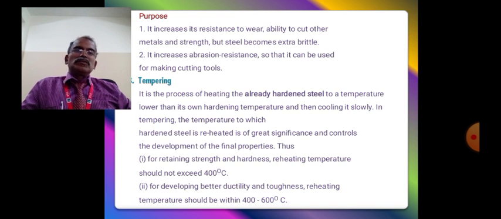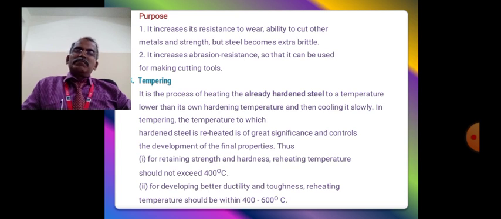In tempering, the temperature to which hardened steel is reheated is of great significance and controls the development of the final product. For retaining the strength and hardness, the reheating temperature should not exceed 400 degrees centigrade.